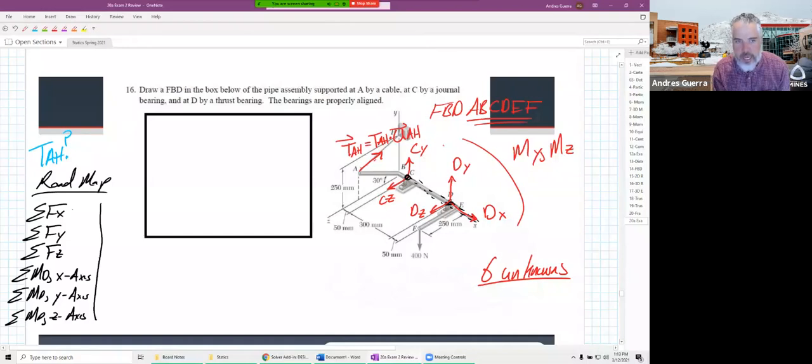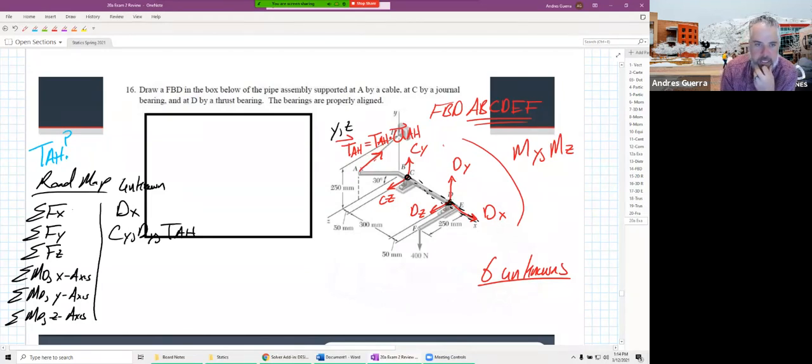Like sum of forces in the x, Dx shows up. That's an unknown in that equation, but we're not looking for Dx. We could solve for it, but we're not looking for it. Sum of forces in the y would include Cy, Dy, and the unknown tension from A to H. I know A to H would show up because, as we can see from the picture, it has a y and a z component, but it does not have an x component.